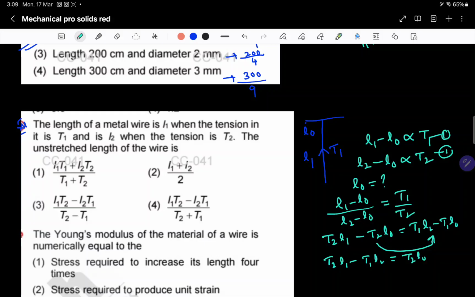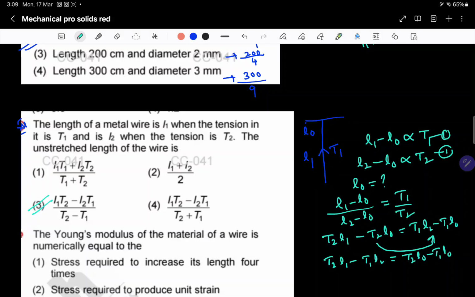T2 L0 minus T1 L0. So here L0 is common: L0 times (T2 minus T1). So T2 L1 minus T1 L2. So L1 T2 minus L2 T1, given as the third option, students. Just see carefully. So (L1 T2 minus L2 T1) by (T2 minus T1) is L0.